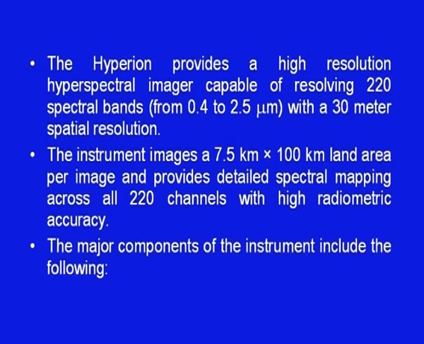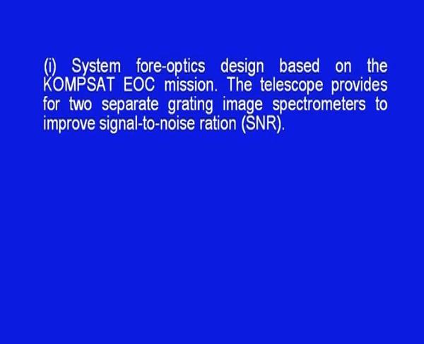The major components of the instrument include the following: a 3-mirror anastigmat telescope optics design based on the COMPSAT EOC mission. The telescope provides for 2 separate grating image spectrometers to improve signal to noise ratio.